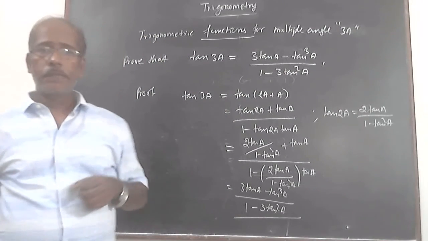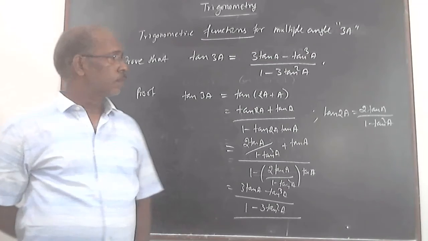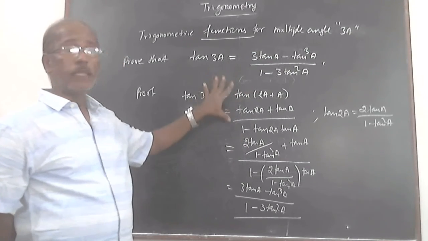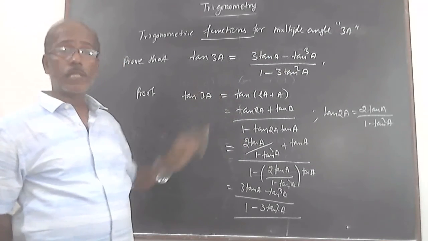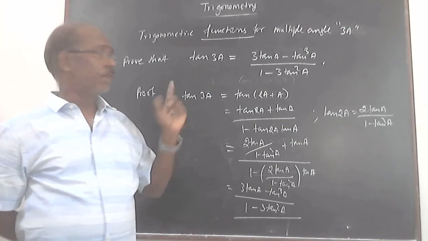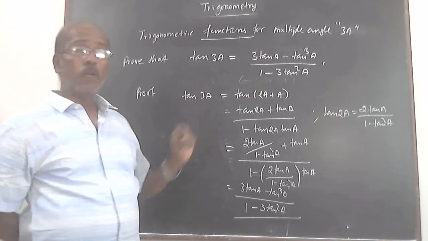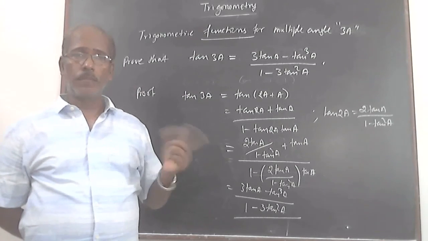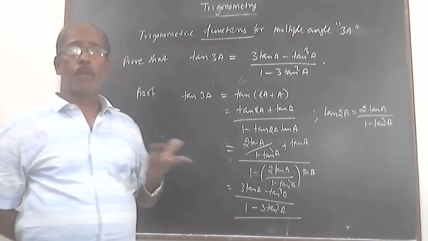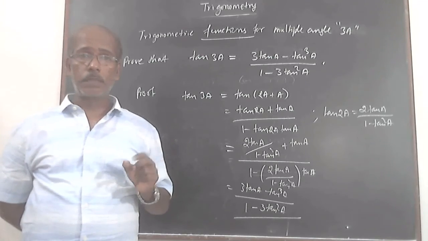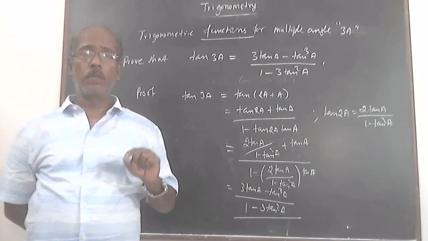So dear student, in this class we have discussed the concept and the derivation of all types of formulas for compound angles, sum of two angles and difference of two angles, and the product rule taking A plus B equal to x, A minus B equal to y.